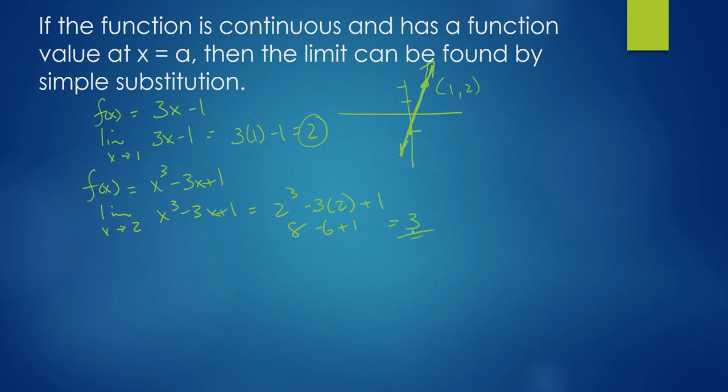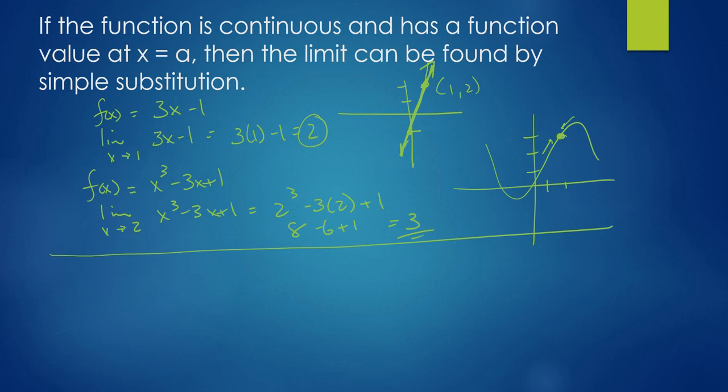So this limit is 3. If I were to graph this, it's a cubic function, but at 2, the function would go through 3, looks something like this, and that is my limit. So if the function doesn't have a hole in it or anything else, then our function value is also the limit value. Let's go back to that very first function we looked at.